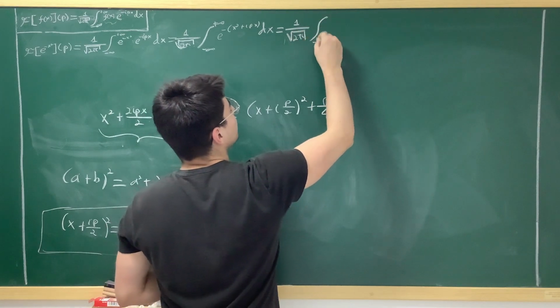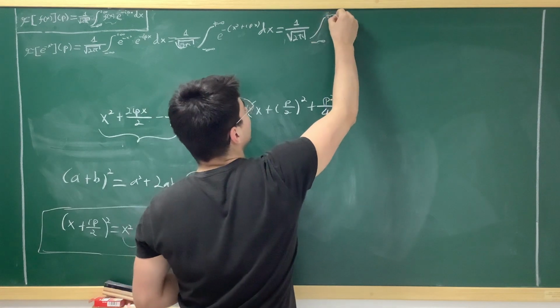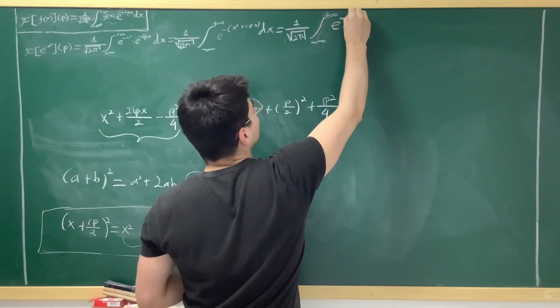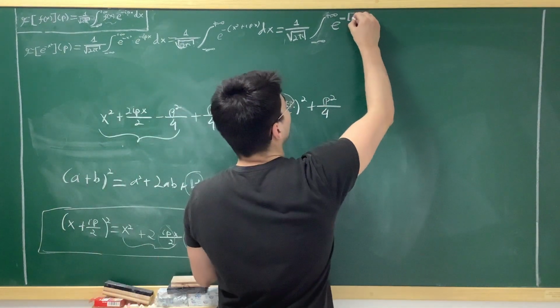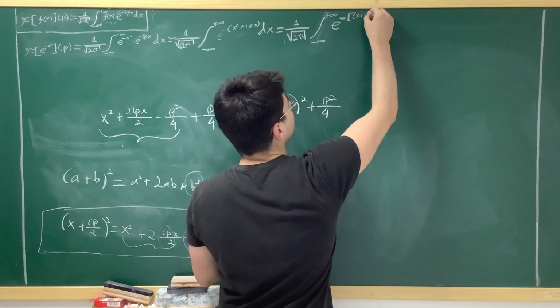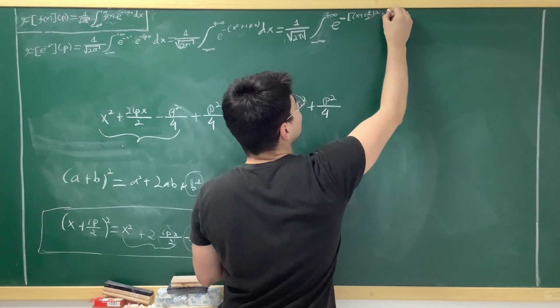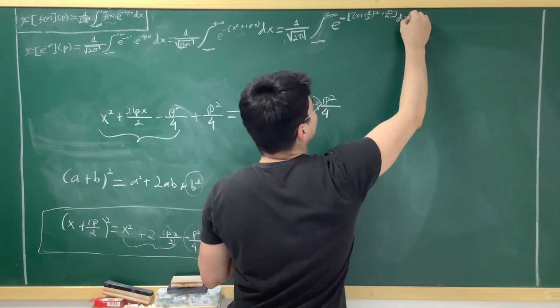So the integral from minus infinity to positive infinity of e to the minus (x plus ip over 2) squared plus p squared over 4 dx.